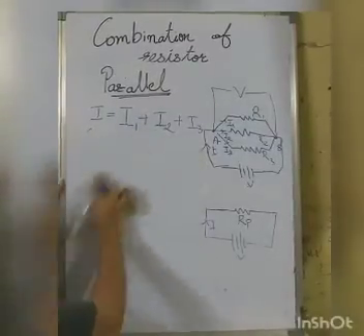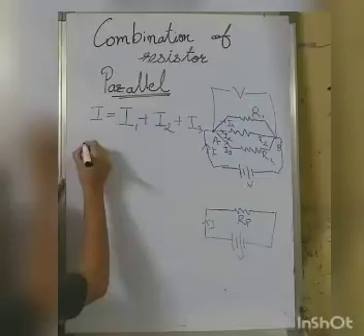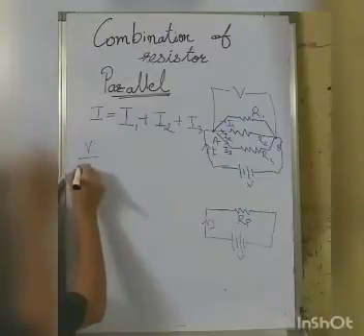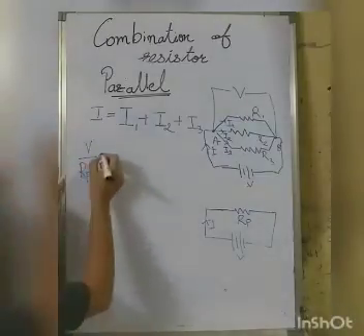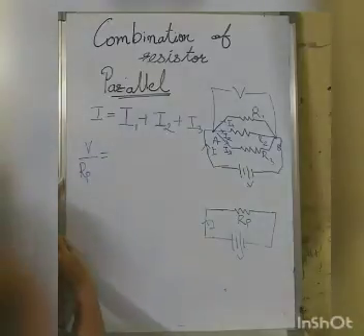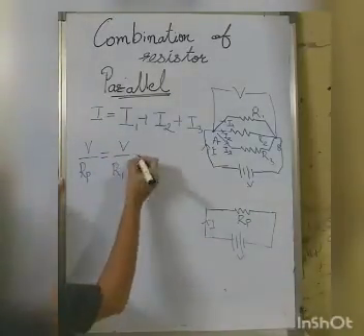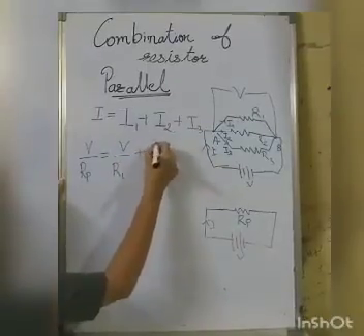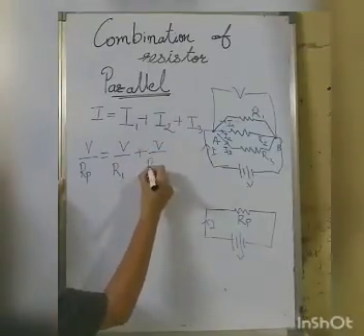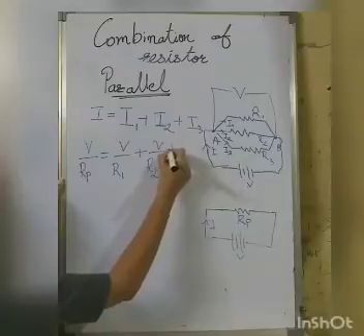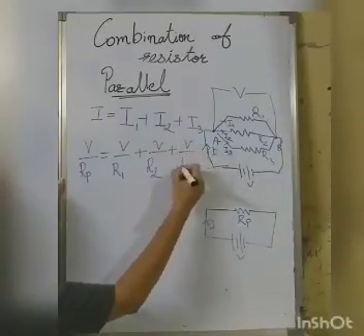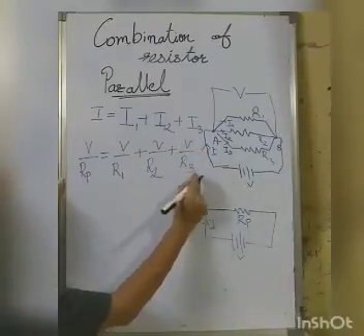Now, instead of I, what am I going to keep? V by Rp. Instead of I1, V by R1. Instead of I2, V by R2, plus V by R3 for I3.